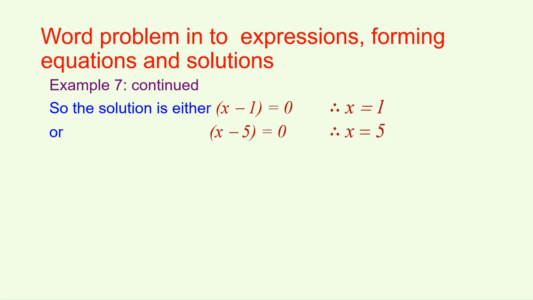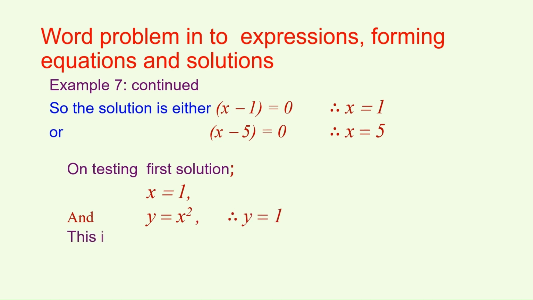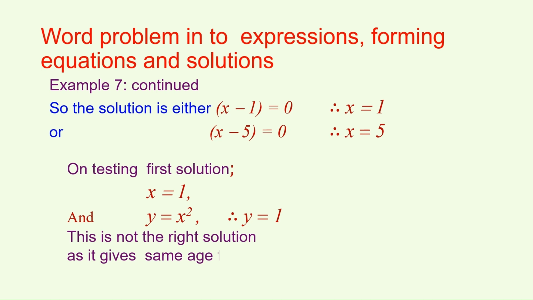So the solution is either x minus 1 equals 0, therefore x equals 1, or x minus 5 equals 0, therefore x equals 5. On testing the first solution, x equals 1, y equals x squared, therefore y equals 1. This is not the right solution, as it gives the same age for Sonia and her mother.